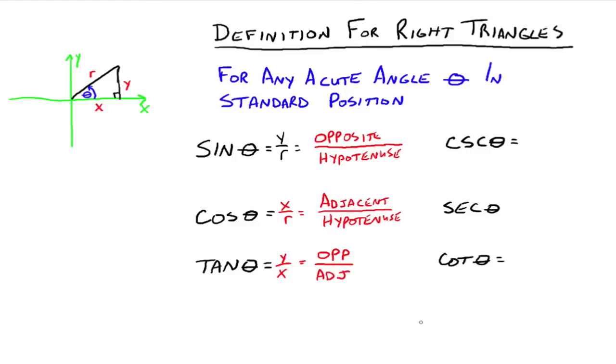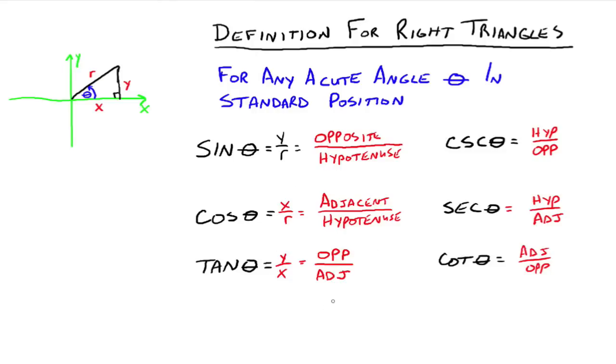Everybody with me? Cosecant was the reciprocal of sine, so that would be hypotenuse over opposite. Secant was the reciprocal of cosine, so that would be hypotenuse over adjacent. And cotangent was the reciprocal of tangent, and that would be adjacent over opposite.